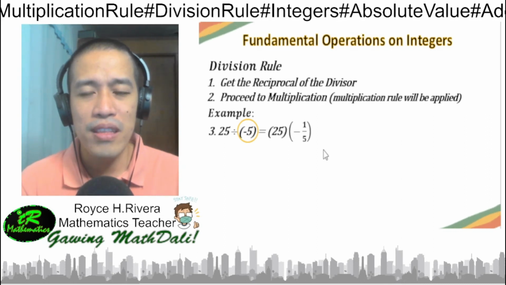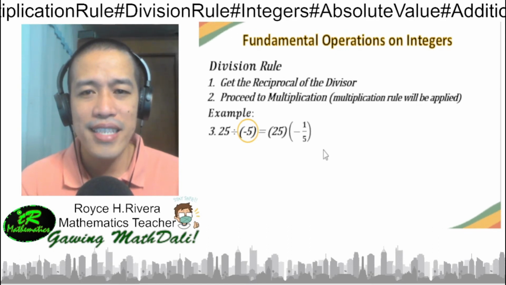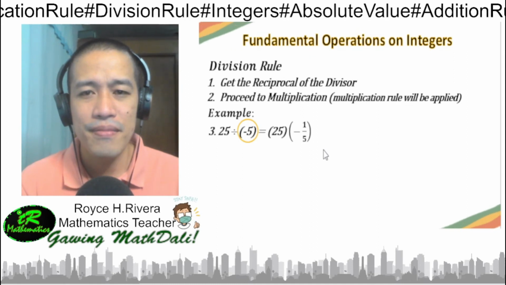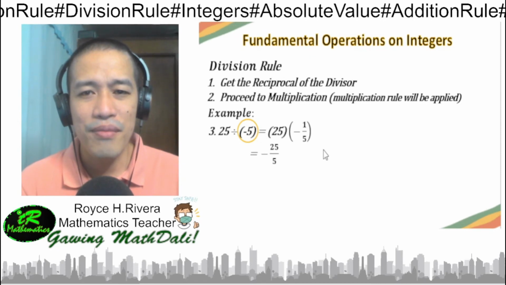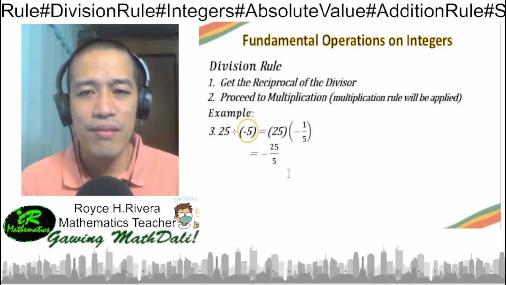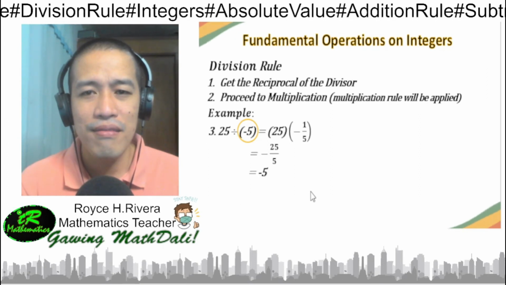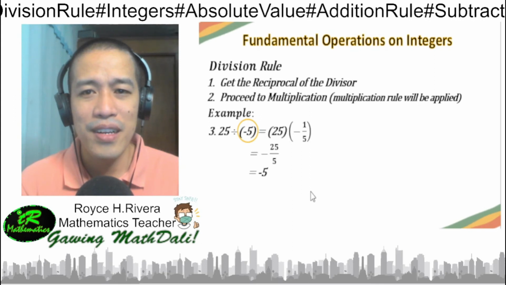We are now multiplying numbers of unlike signs. The product is negative. Negative 25 over 5. We simplify that. We have negative 5 as our quotient.